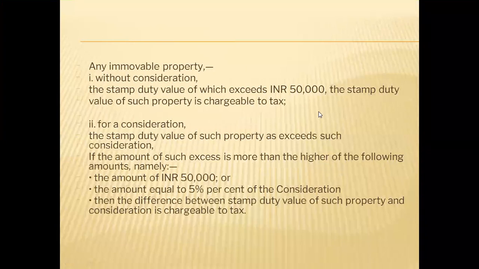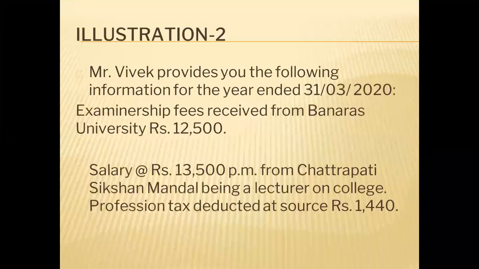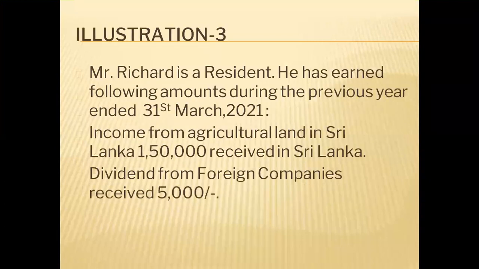Now next, let us take an illustration on income from other sources. See, income from other sources is very simple. There are no rules for income from other sources. You have to just do the total of the income.